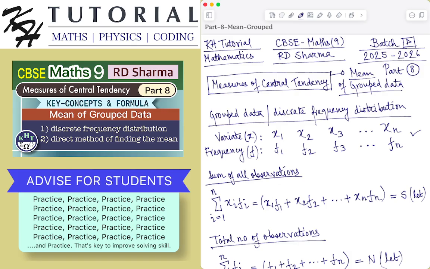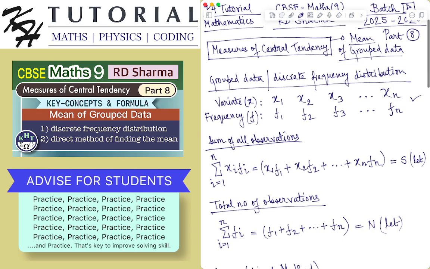Now the concept to understand is that the total number of observations is obviously f1 plus f2 plus f3 up to fn. The summation of fi, that is f1 plus f2 plus f3 up to fn, gives the total number of observations, and the sum of all observations will be the sum of each unique variable multiplied by its frequency.